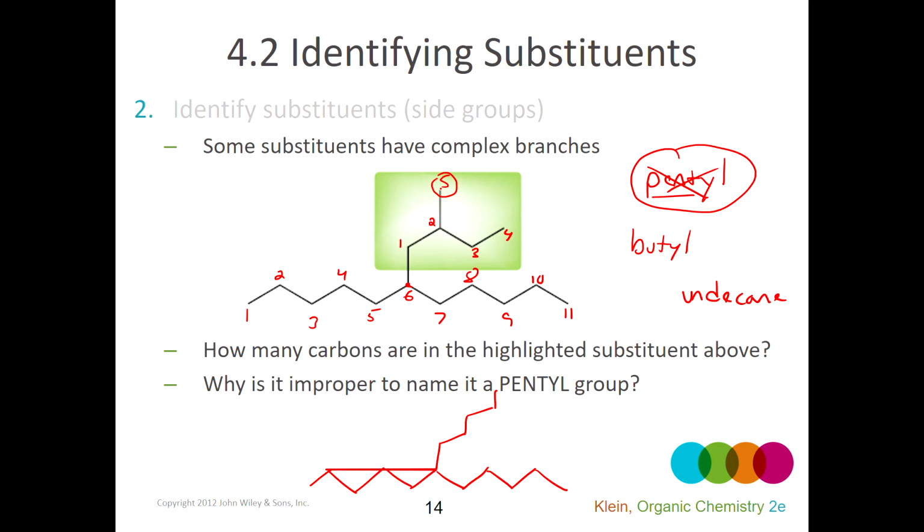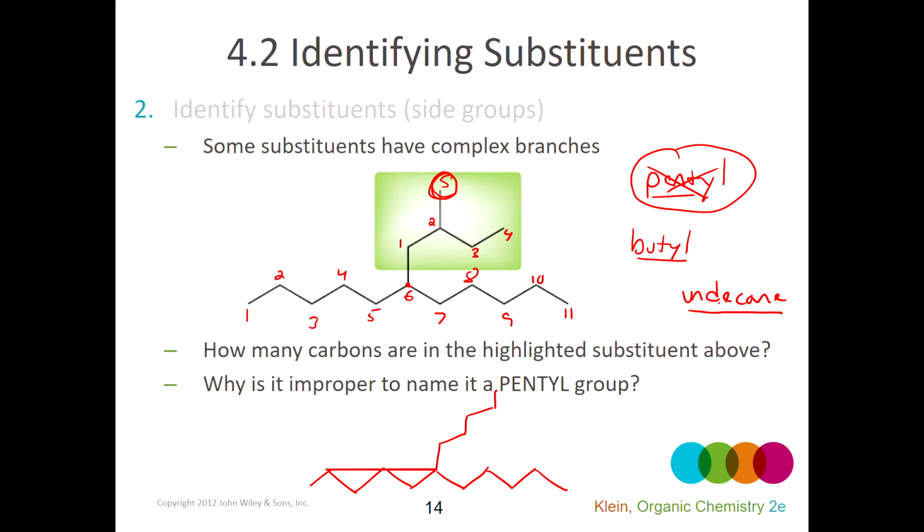So what I have here ultimately is a methyl group, a single carbon, attached to a butyl group, which is attached to an undecane parent chain. So I've got layers. I've got this group on this group, which is on this group. And when I've got layers like this, the name has to account for that. So we put the parent chain always at the end of the name and the substituents before that.